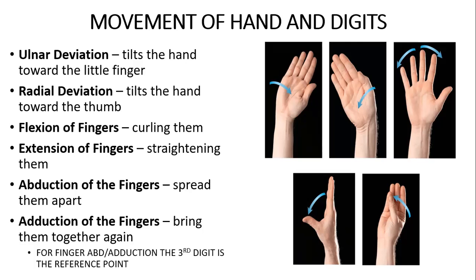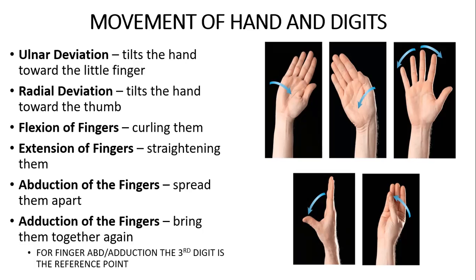Radial and ulnar. Now I want to show you what happens. This is where things get tricky with the anatomical position. So when I work with patients and their hands, I usually work with them with their hands in a flat position. So what happens is a lot of students get very, very confused.